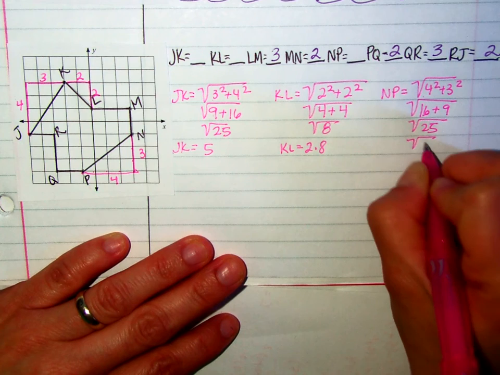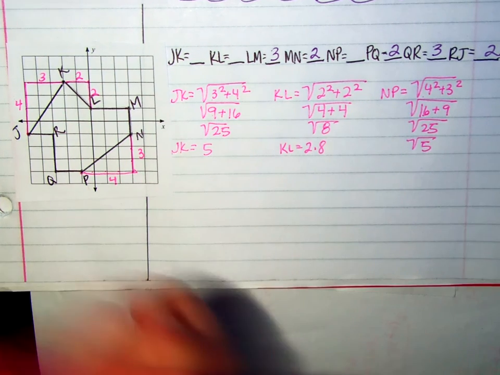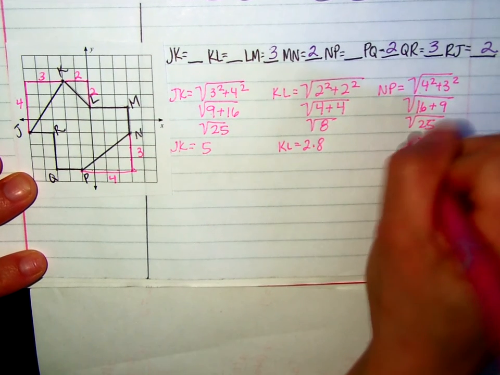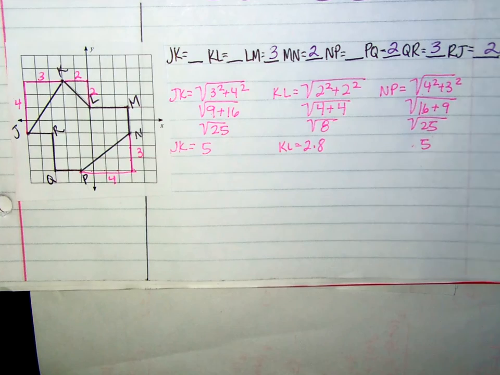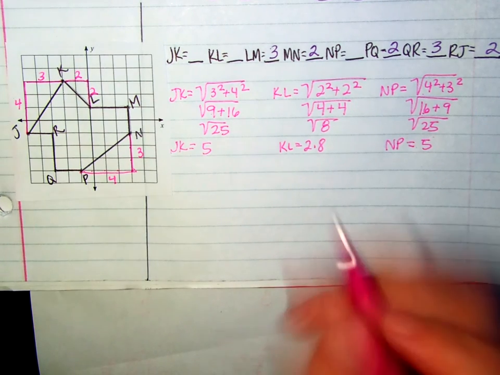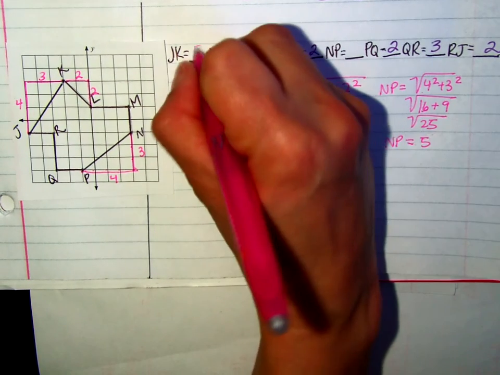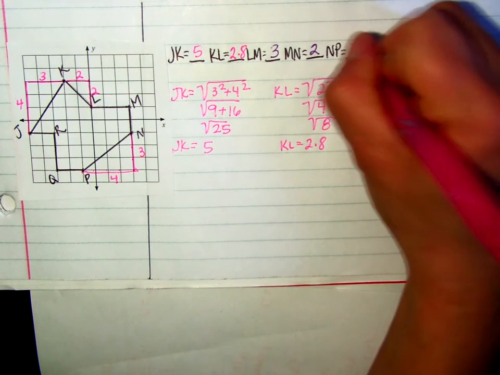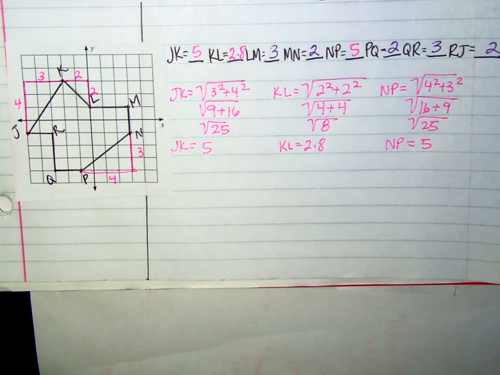And the square root of 25 is 5. And we do not write the square root symbol. My apologies. So NP is 5. Okay, now that you have your 3 segments, make sure to include them in your list. And now you're going to add all of these together again.